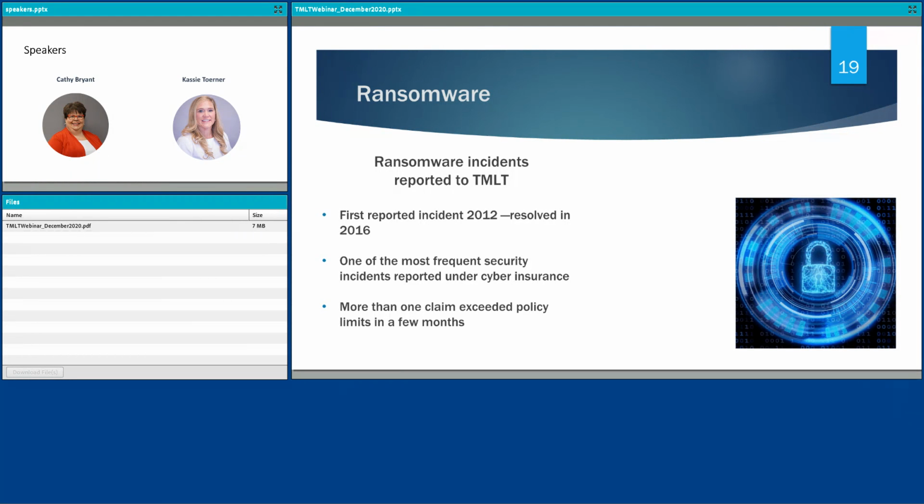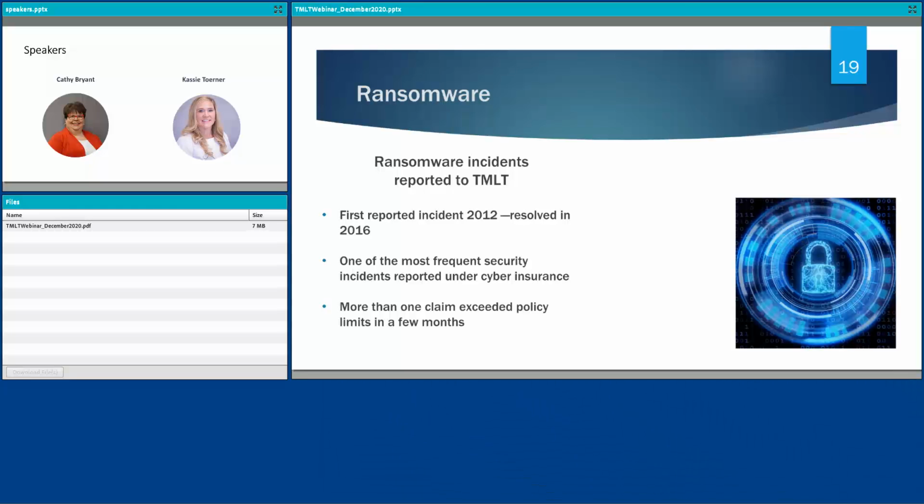TMLT had its first reported ransomware incident reported as a cyber claim in 2012. Back then, it was one of the very early cases that we were aware of, and it took 4 years for the Office of Civil Rights to close that initial claim and investigation.